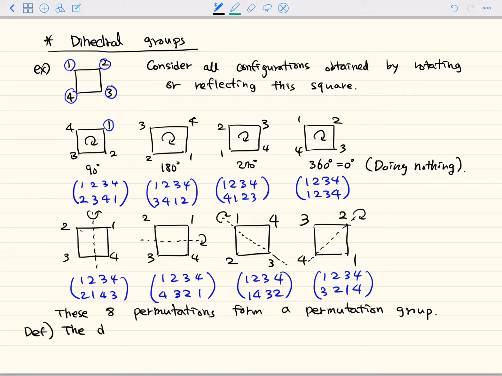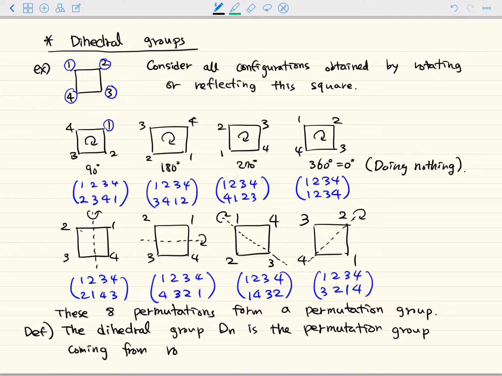The dihedral group, denoted D sub n, is the permutation group coming from rotations and reflections over a regular n-gon.